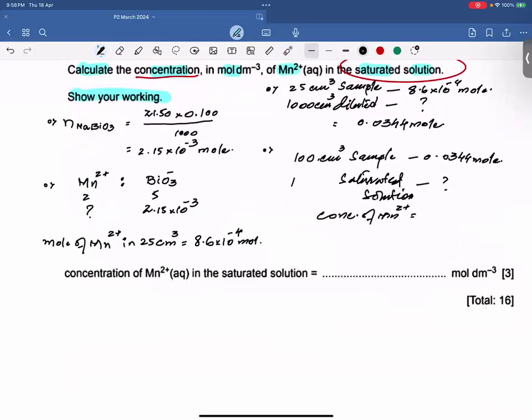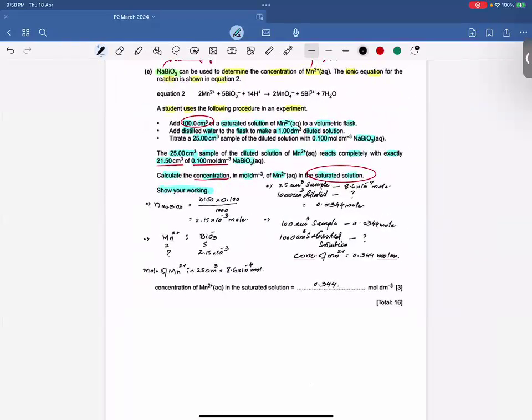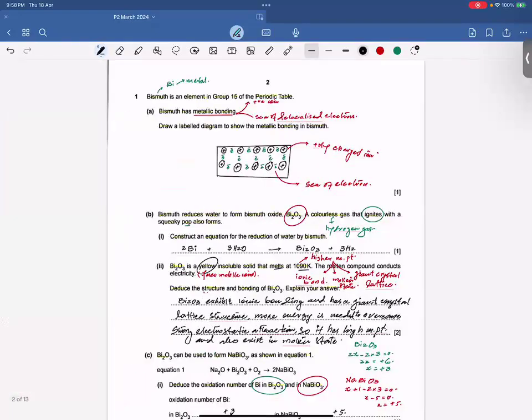So the concentration is 0.0344 × 1000 divided by 100, which is 0.344 molar. Molar means mol per dm³. So it's going to be 0.344. That's question number 1.